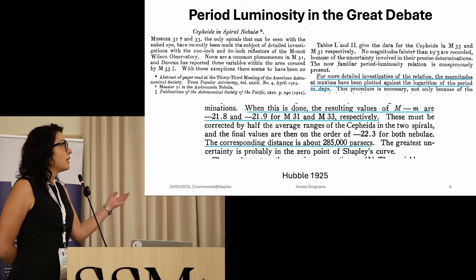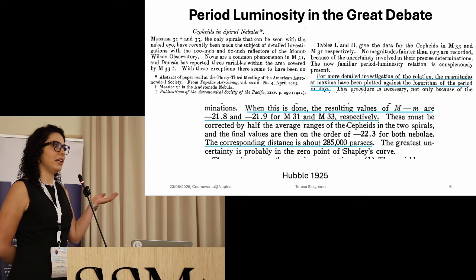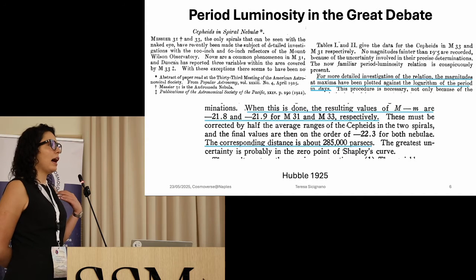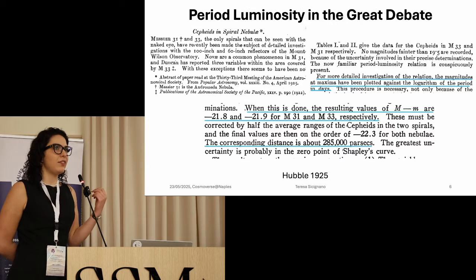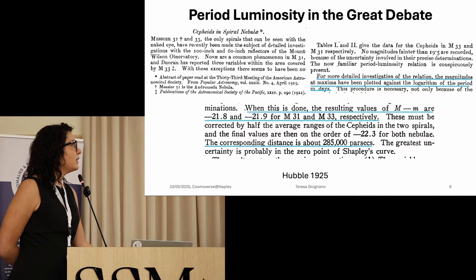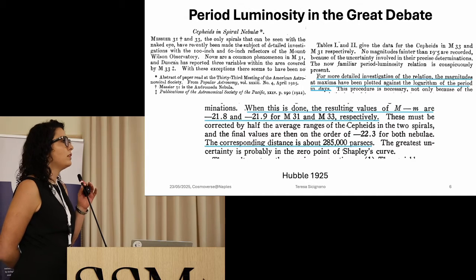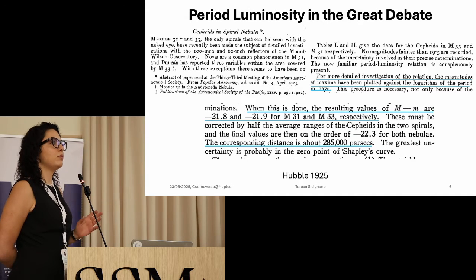But as soon as Leavitt presented this relation, it was used by Hubble in 1925, since Hubble observed some Cepheids in the direction of Andromeda, and as we can learn here in his article, he decided, for a more detailed investigation, to plot the maxima against the logarithm of the period.